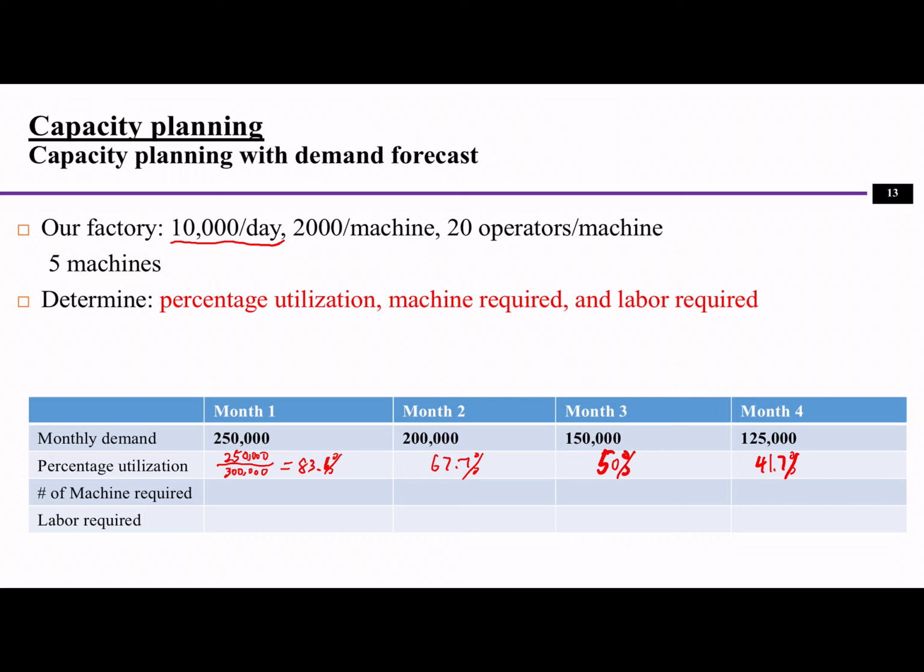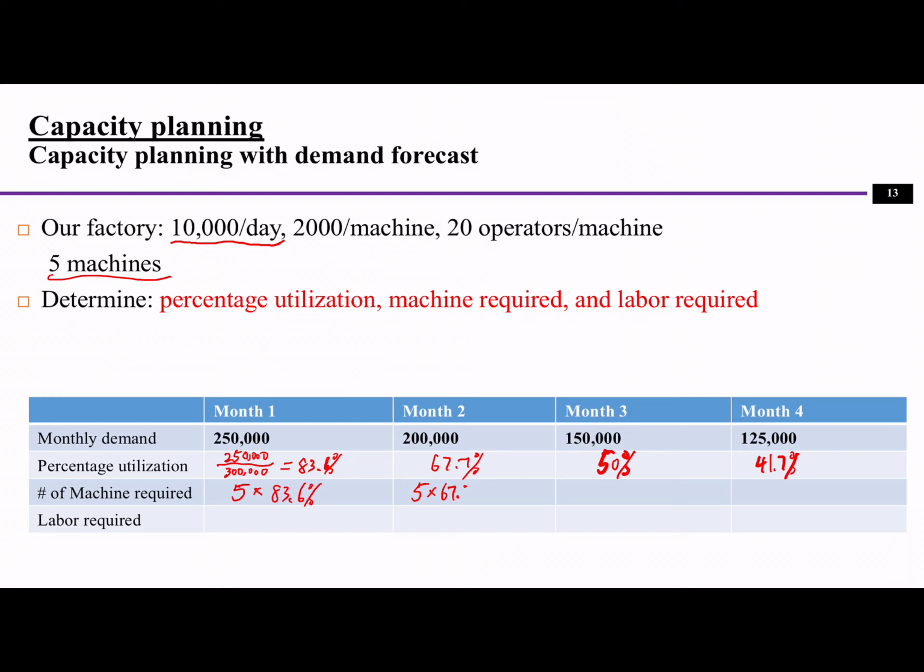And the number of machines required. Because we already have the percentage utilization, we can use the percentage utilization times how many machines we have. We have 5 machines.